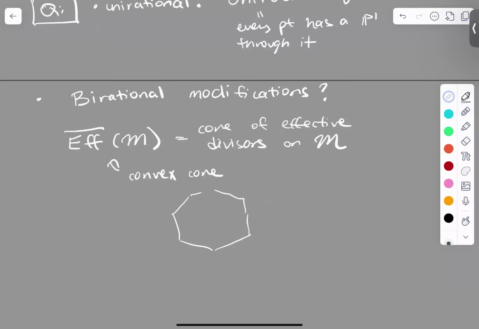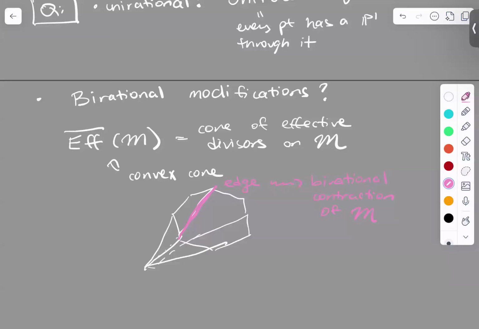Here's my cone. And why is this cone important? It turns out that if I can identify an edge of this cone, this actually induces for me a birational contraction of M. Any corner or edge of the cone that I can identify tells me that there's a birational contraction that exists for the variety I'm studying.